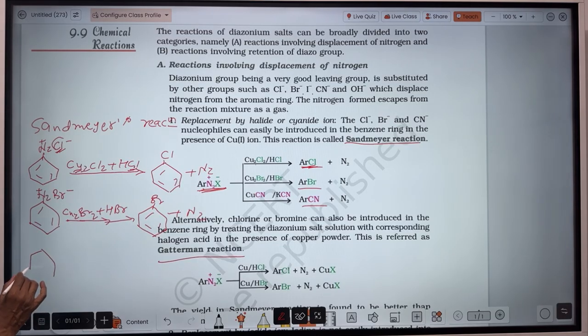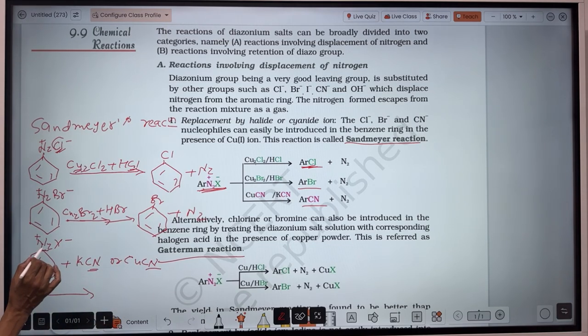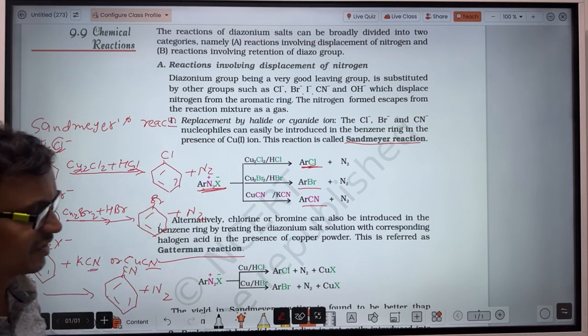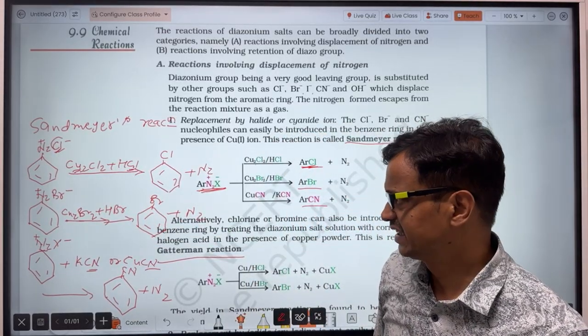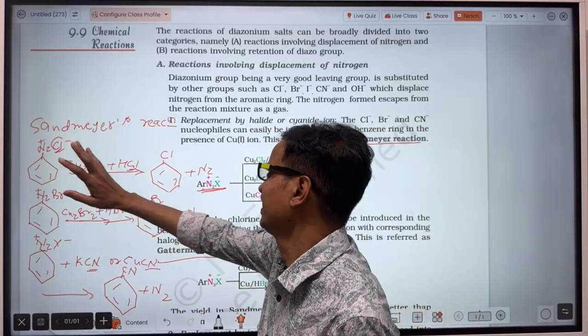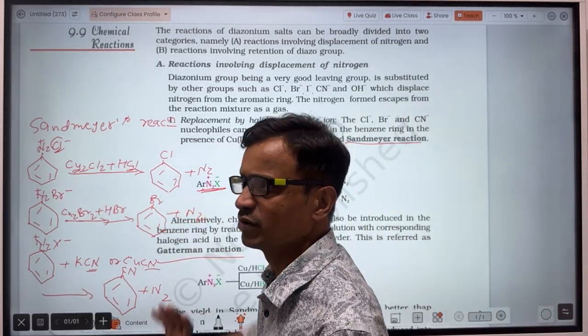So the CN group, the cyanide group, will replace the nitrogen. In Sandmeyer's reaction, we react the benzene diazonium halide, or benzene diazonium hydrogen sulfate, whatever it may be, with Cu2Cl2 and conc HCl.